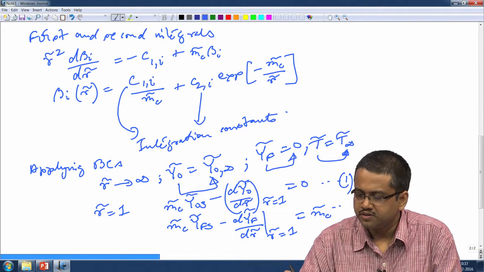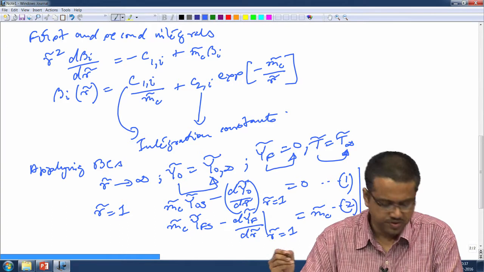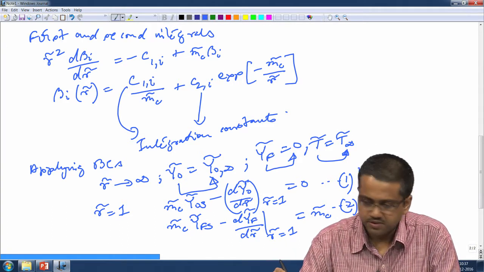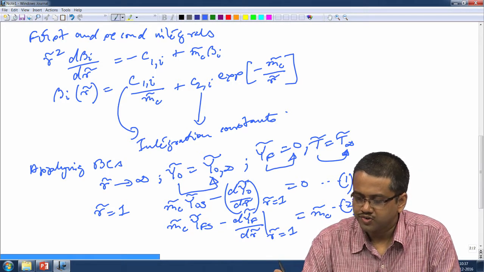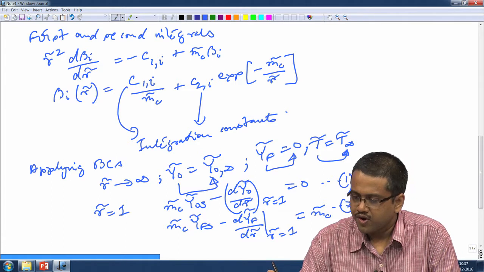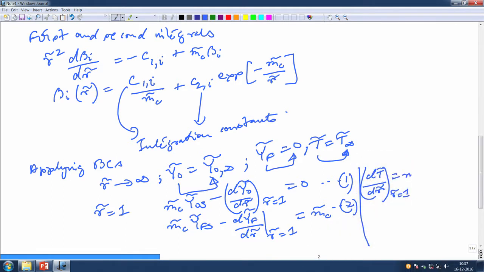This is 1, this is 2, and there will be one more that we are going to write over here. Q_V and T tilde is equal to T_s. This is like 3 and this is like 4. Got it? These are the 4 boundary conditions.